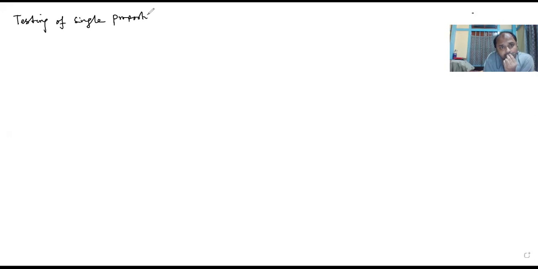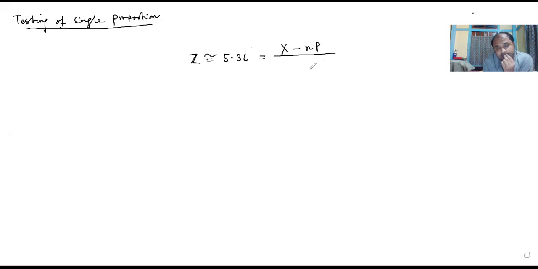And in that discussion, we found the value of the standardized variable capital Z to be approximately equal to 5.36. And the formula that we actually used was given as x minus np by square root of npq.